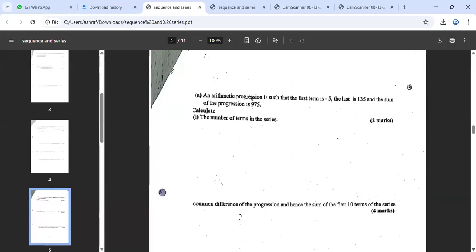Then we go to the second part. Find the common difference of the progression and hence the sum of the first 10 terms. Try getting the common difference and the sum.